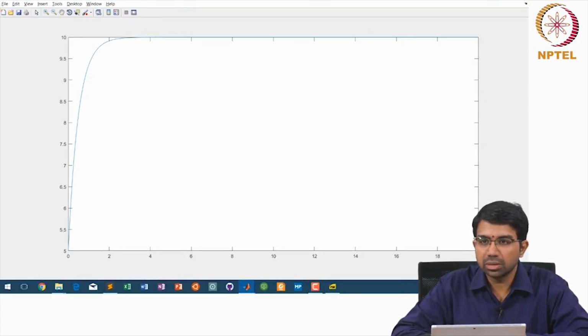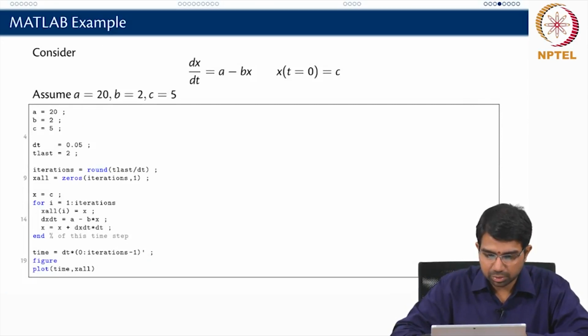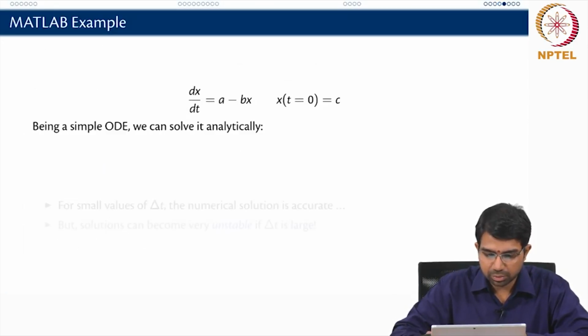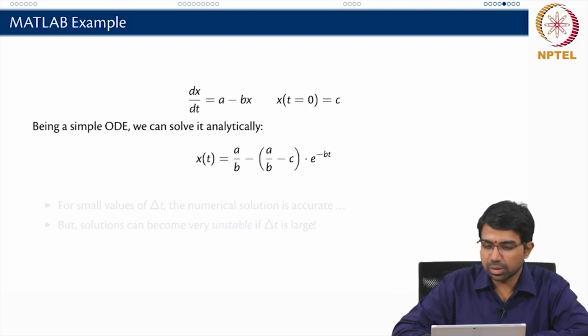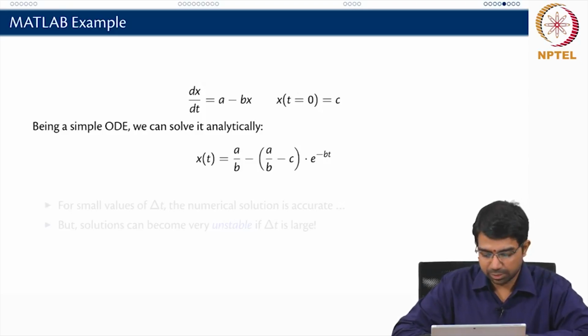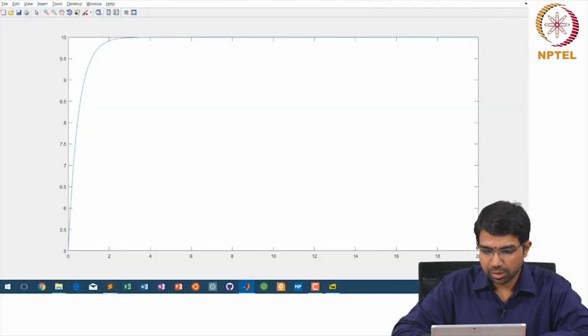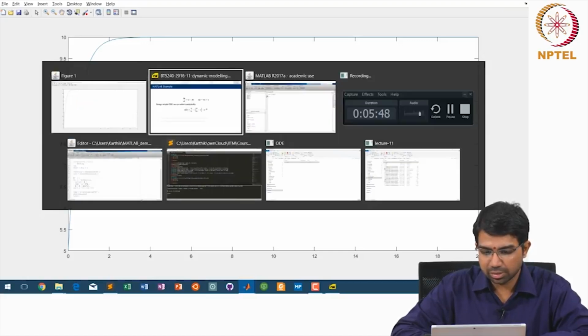Does this look right? What would happen if you analytically solve for it? This is what you get, an exponential, some alpha minus beta into e to the minus bt. So, it saturates here.